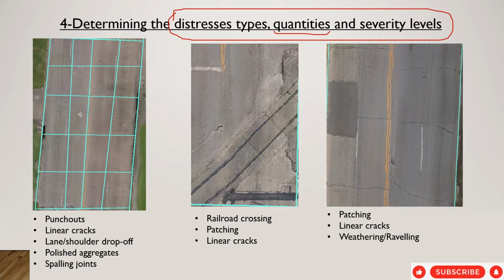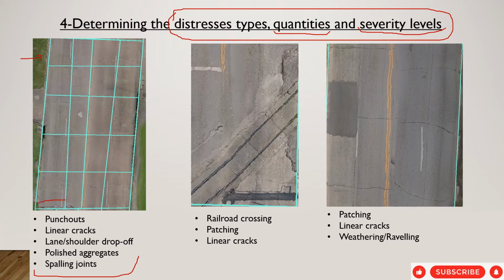And the severity level is determined by the ASTM depending on the severity of this crack and the width of the crack, the depth of the crack, and the area of these cracks. For example, here, if we are talking about rigid pavement, this sample here consists of 20 slabs.